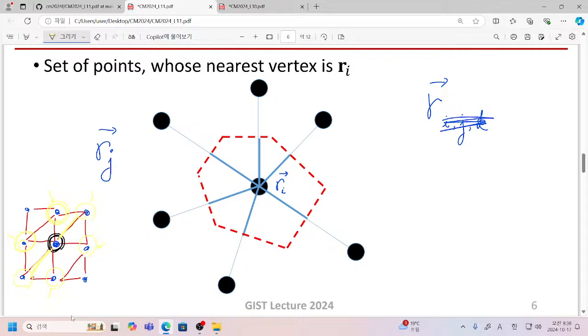So therefore, our nearest neighbor search should be done also for these 2 points. So please understand, what we are talking about is the connectivity through an element. In the case of 2D, an element becomes a triangle, and in the case of 3D, it is a tetrahedron.